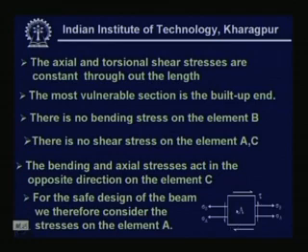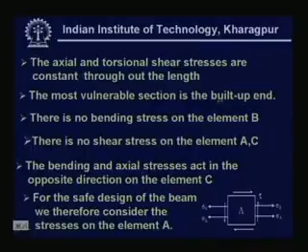So, what have we learned? When a machine member is acted upon by several loads, first of all we have to find out, looking at the free body diagram, which is the most critical section. Once you have found the critical section, as mentioned in point 2, the most vulnerable section is the built up end.